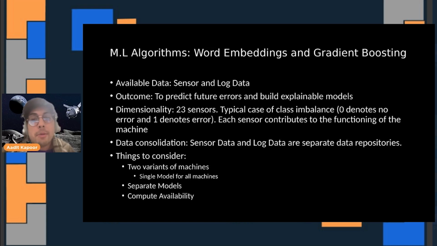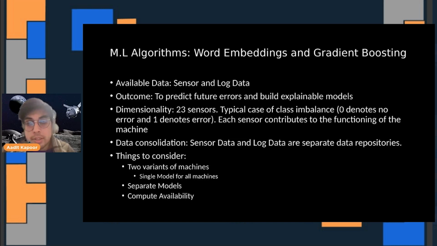One other problem we faced was that the sensor data and log data are separate entities. They were in no way related up to this point, so we had to find some way to consolidate the streaming data. The last point is that there are two variants of the machine, so there's the question of how we should proceed.